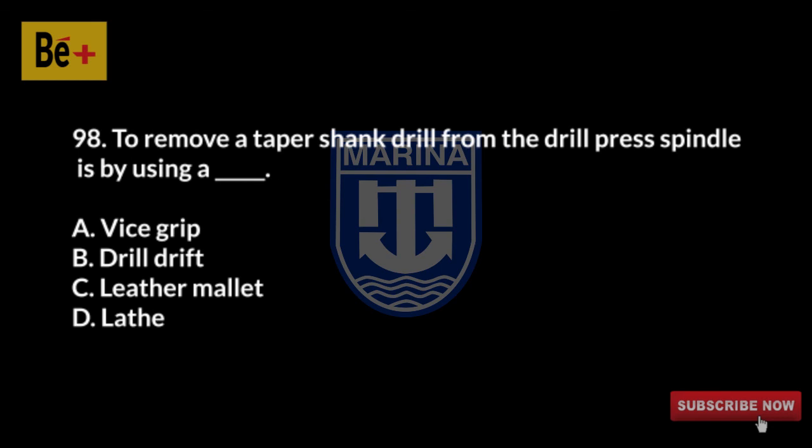To remove a taper shank drill from the drill press spindle, use A. Vice grip, B. drill drift, C. leather mallet, D. lathe. The answer is B. drill drift.